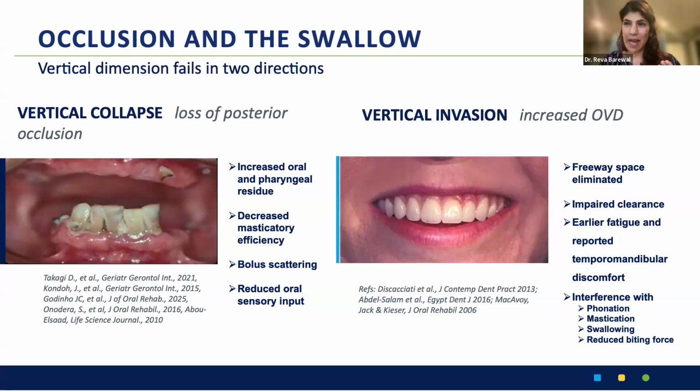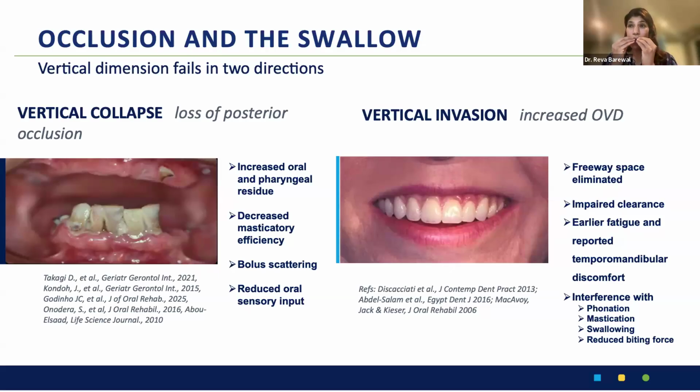You change speech patterns, right? You have impaired clearance. Your tongue can't go over those teeth to clear the residue from the vestibule. You don't get that tongue sweep. You just can't do it. You can't go up, you can't go down. And you report earlier fatigue. Why do we have fatigue?